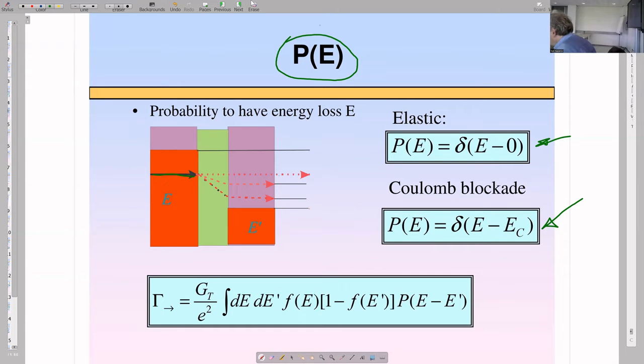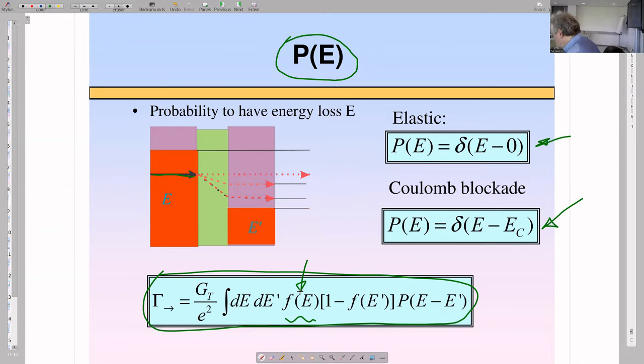How can we compute the current? Here's the answer. Let me just understand what the elements are. There's an electron coming at energy E, right? It has to be there, so it's proportional to the Fermi factor at this energy.